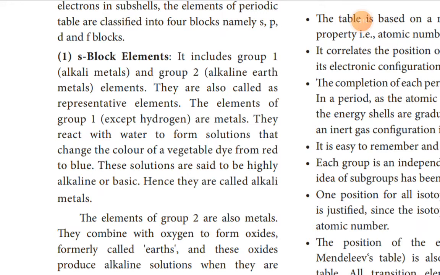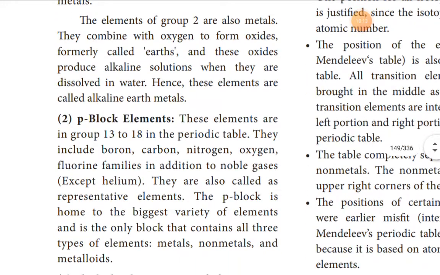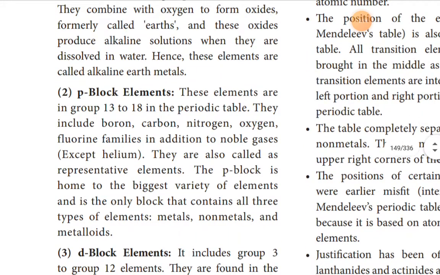Then next one, the P block. These elements are in group 13 to 18. So the S block elements are at the left extreme, that is group 1 and group 2.